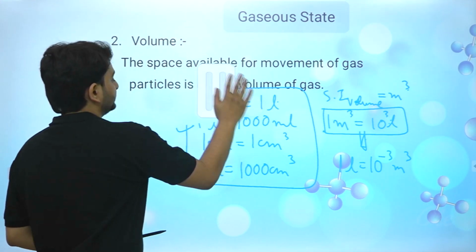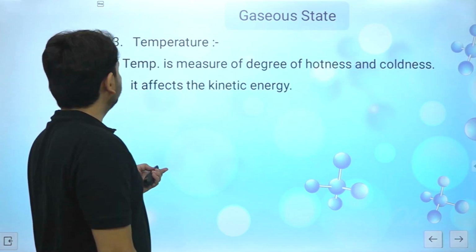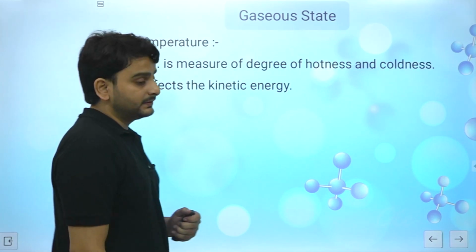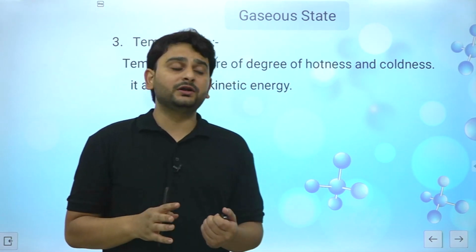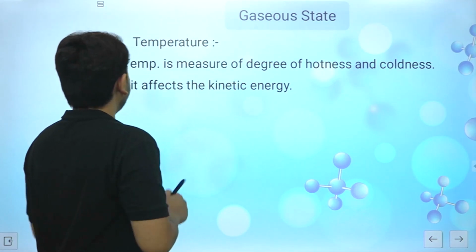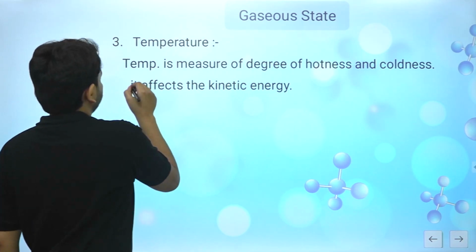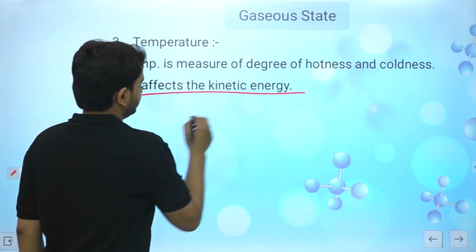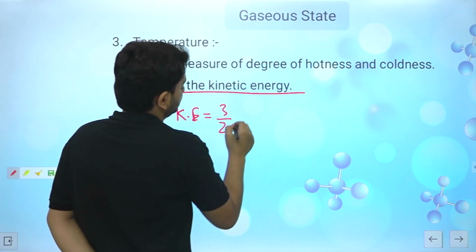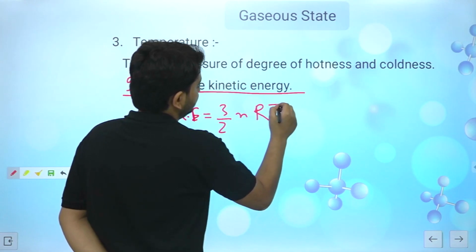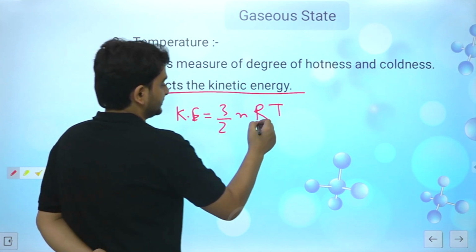Alright, moving on. So we spoke about the first parameter, which is volume. Now we'll get to temperature. Temperature, the basic definition, it's a measure of hotness or coldness of a body. It affects the kinetic energy. And we've seen the relation that kinetic energy is 3 by 2 nRT, where n is the number of moles, R is the gas constant.